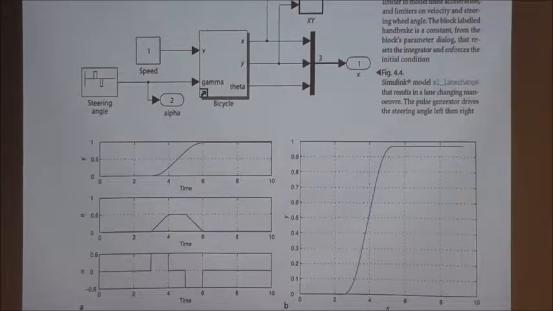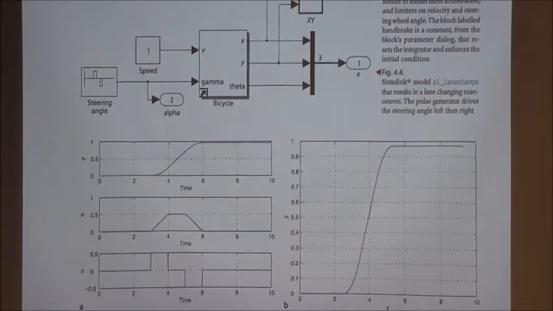Okay? Let's say you want to bypass a slow vehicle, you're going to go to the next lane and move on. So here is one lane, here's another lane. Okay.